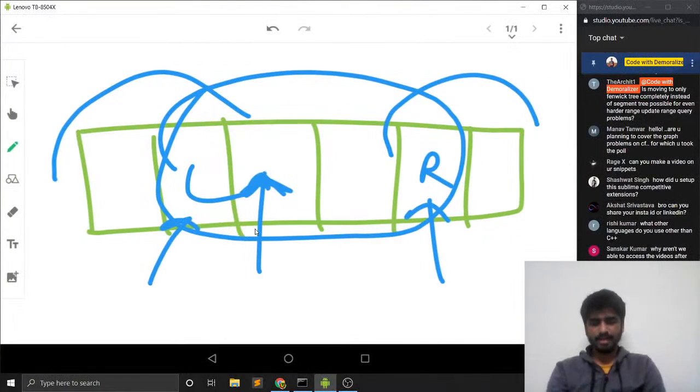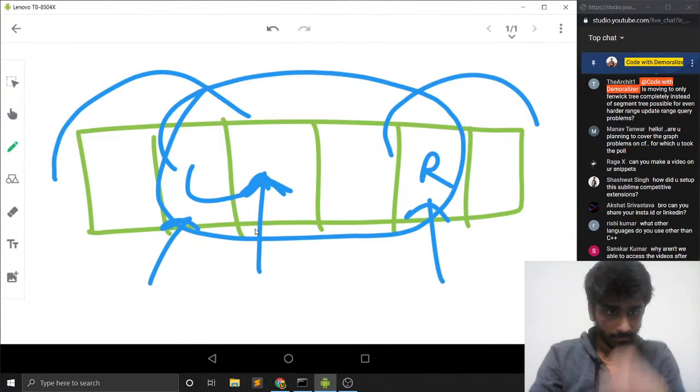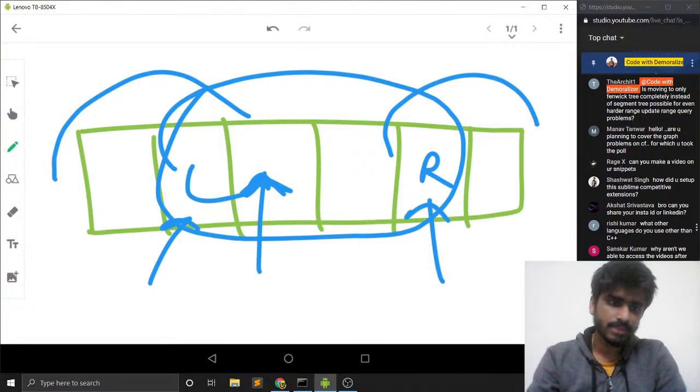No, both of them seem right. Subtract subarrays whose ends are between L and R. I don't think I'm adding any of those subarrays, right? I never added them, so it's fine. It won't matter.